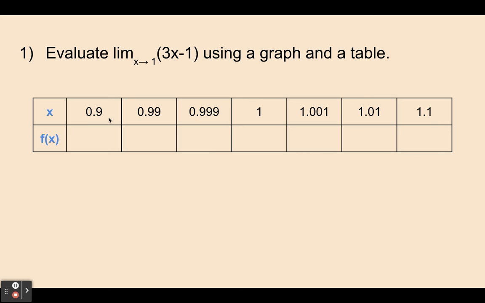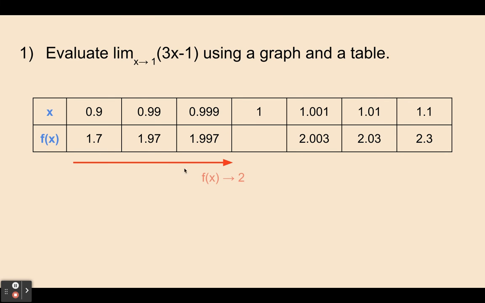All right, now plug them in. So 0.9, plug into 3x minus 1, 0.99, plug into 3x minus 1, and do it for all of them. If you do that, you'll get these values. Now look at your patterns. As I come up to x equals 1, the y's look like they will come up to 2. And if you can't see it, then get closer.